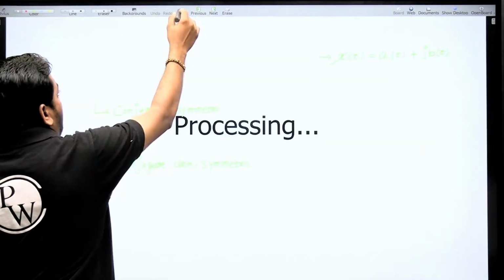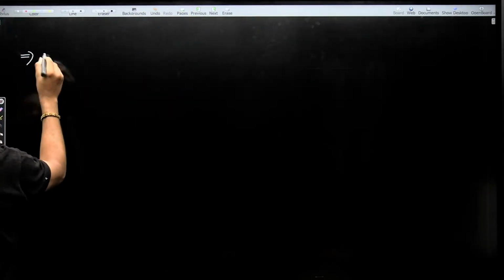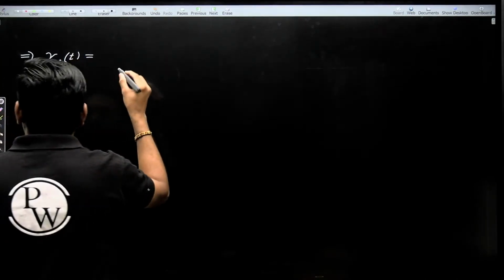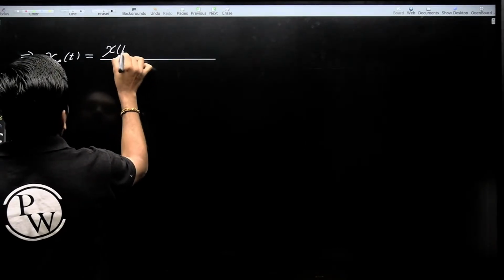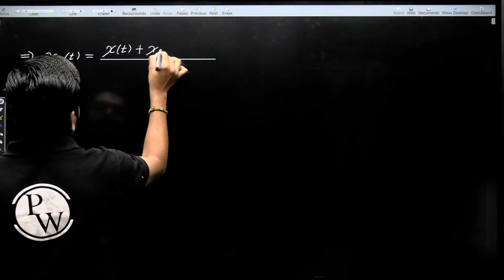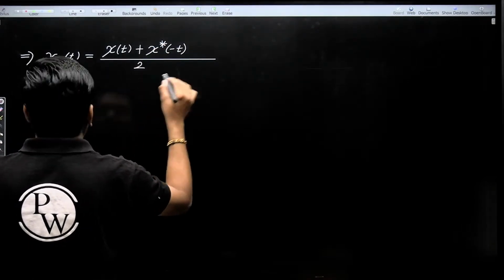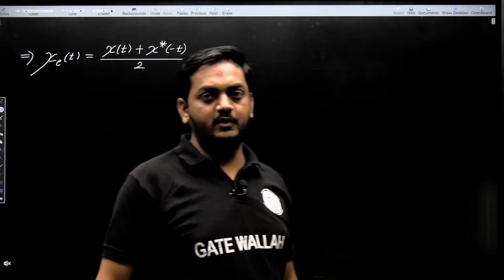Now how to find the conjugate even part and odd part? The conjugate even part is given by the same formula: x of t plus x conjugate of minus t, whole divided by 2.